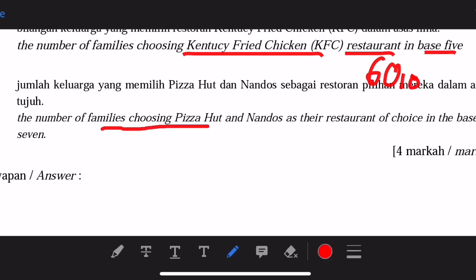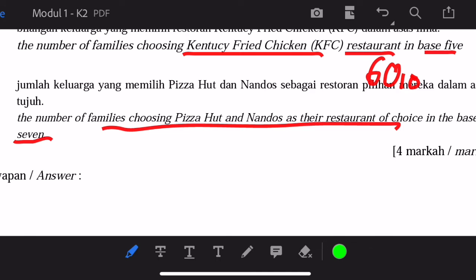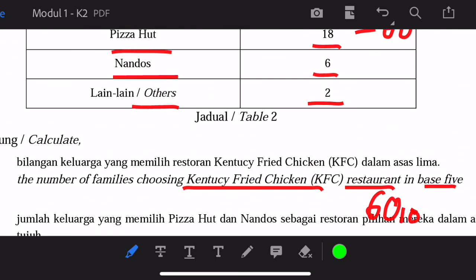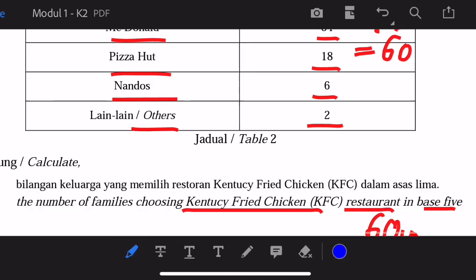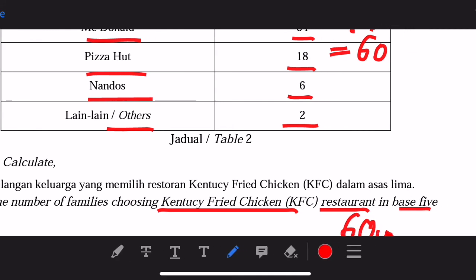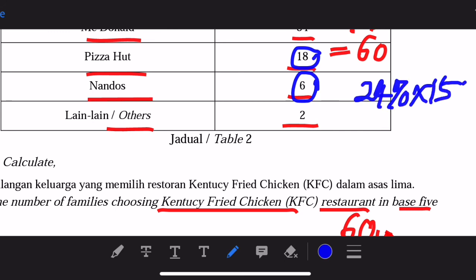Number of families choosing Pizza Hut and Nando's as their restaurant of choice, in base 7. Okay, where are Pizza Hut and Nando's? Pizza Hut we have 18%, right? We calculate the number first: 18% plus 6% will be 24%, times the total 150.